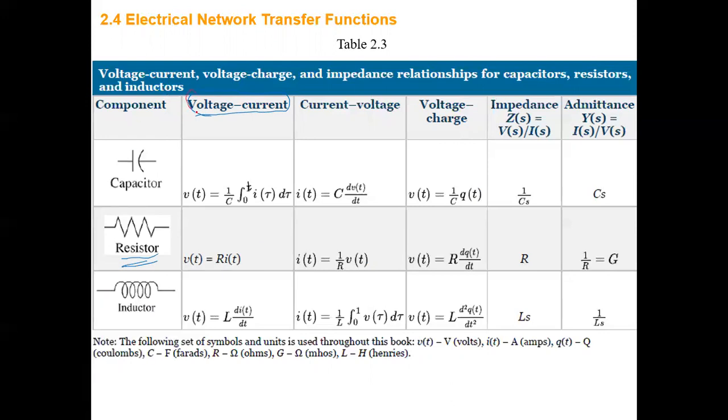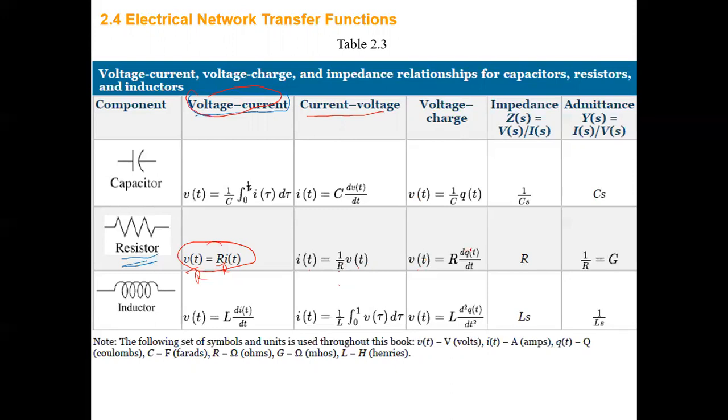For resistor, you have Ohm's law, V equals IR or RI. Then what is the current voltage relationship? You simply divide by R on both sides. You get I equals 1 over R times v(t). That's your current voltage relationship.